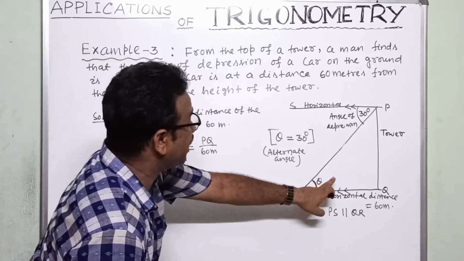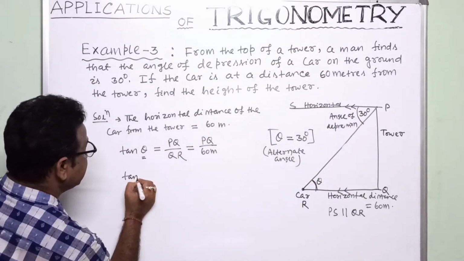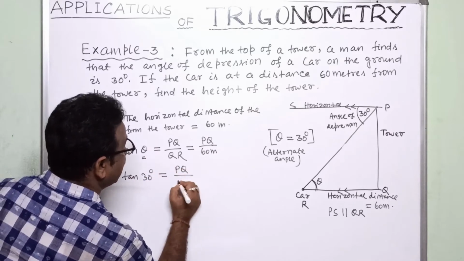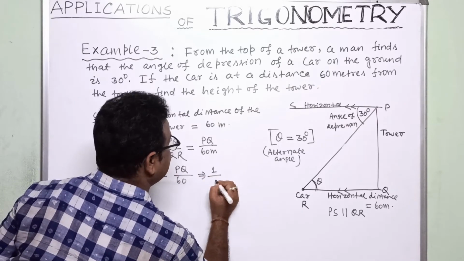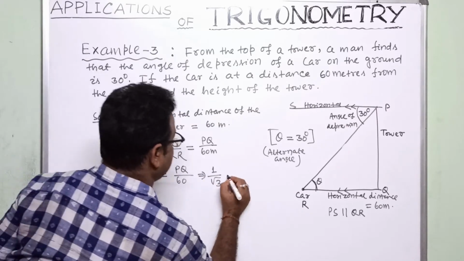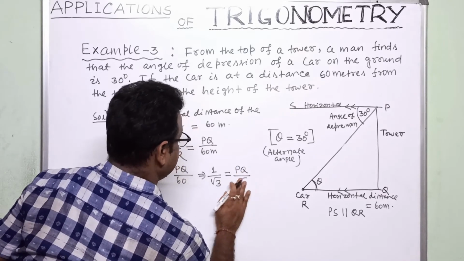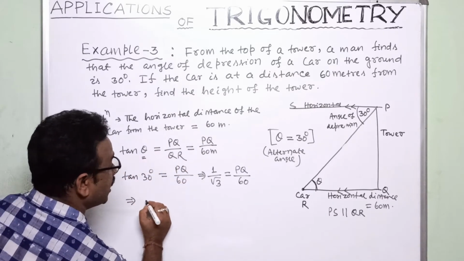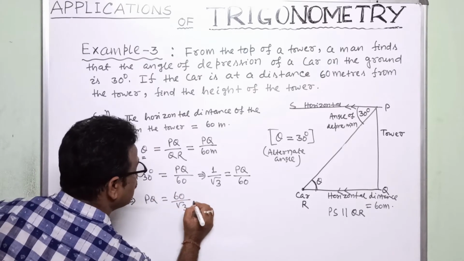Tan theta. What is the value of theta here? 30. So theta is 30 degree. So we can write tan 30 degree is equal to PQ by 60. That implies tan 30, what is the value of tan 30? You know it. 1 by root 3 is equal to PQ by 60. That implies PQ is equal to 60 by root 3 meter.